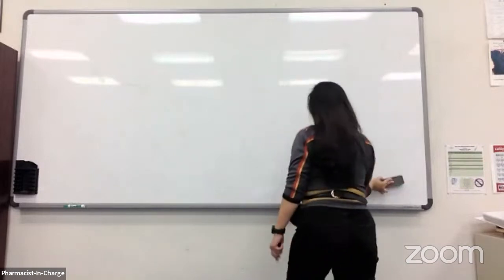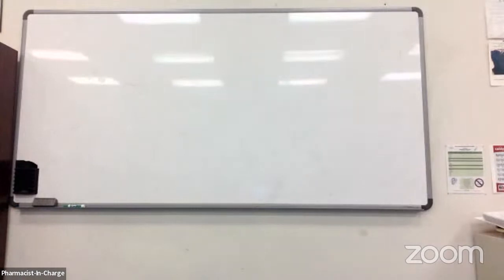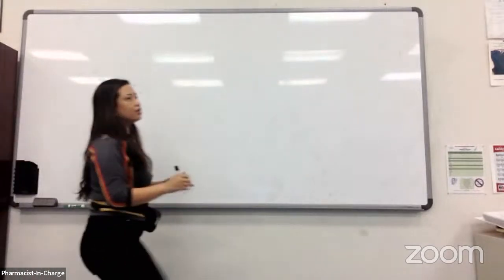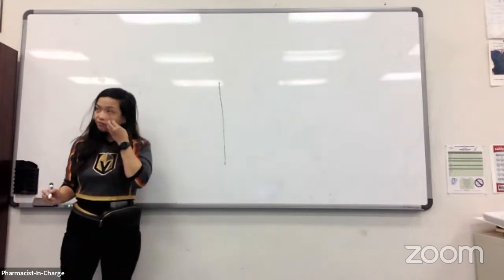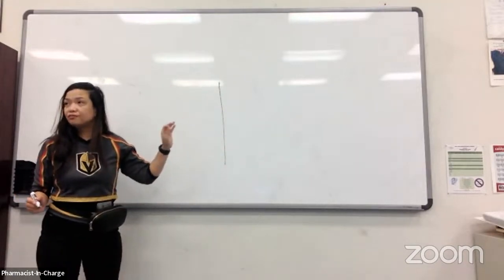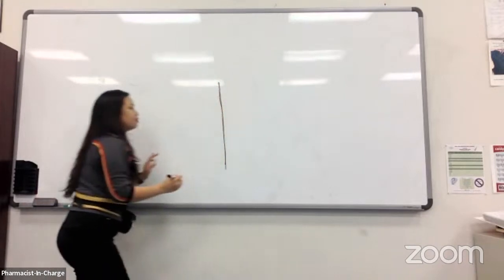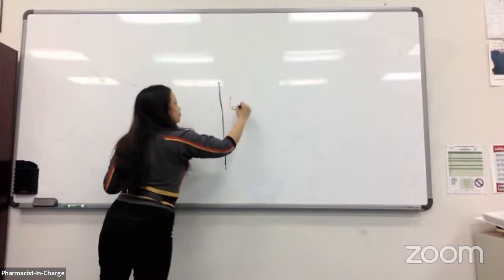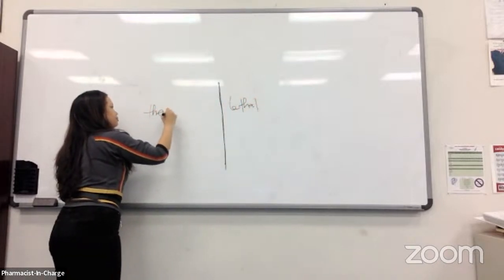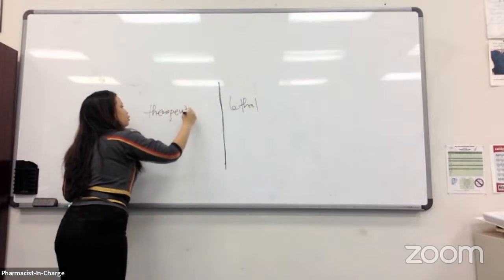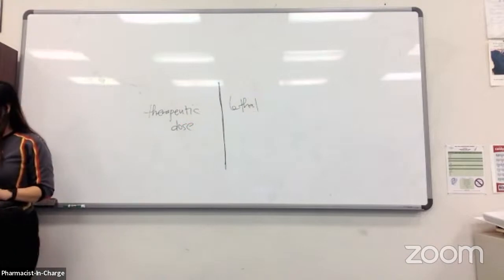Listen first. Okay. Lethal dose versus therapeutic dose. There are some drugs wherein the lethal dose and the therapeutic dose have a very thin line that separates them. So we have to be very careful with these drugs.